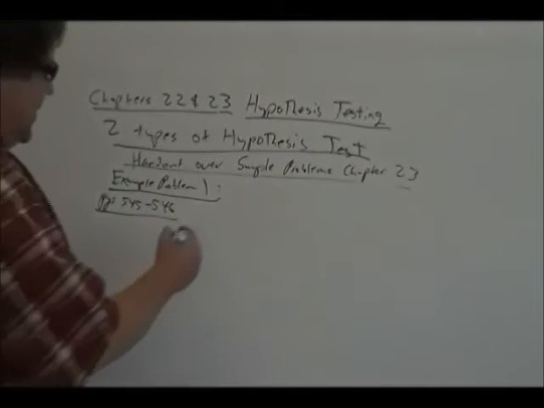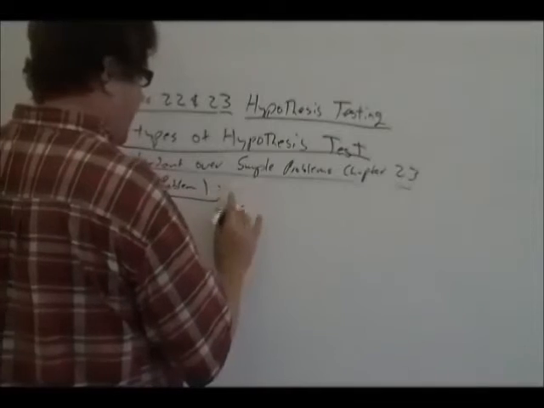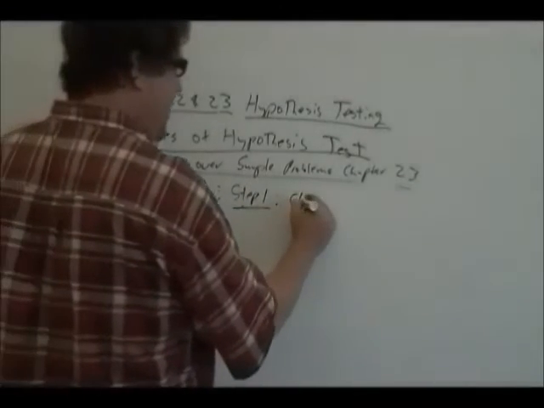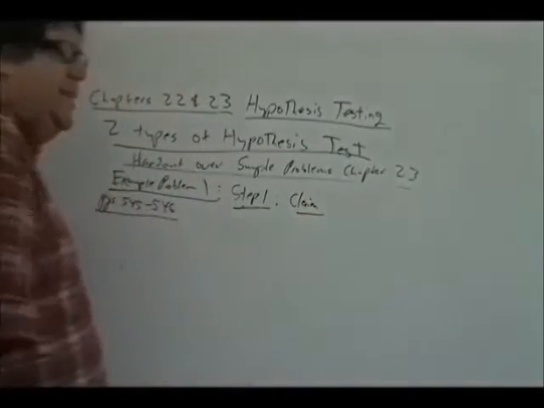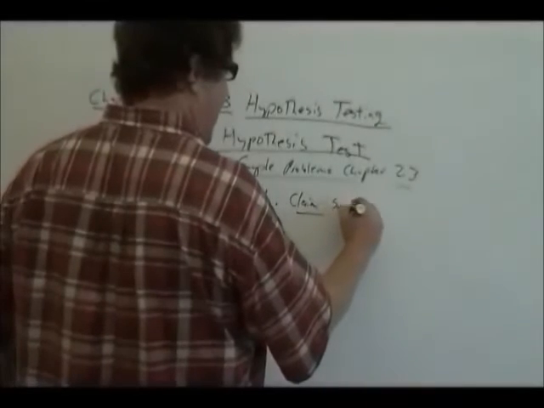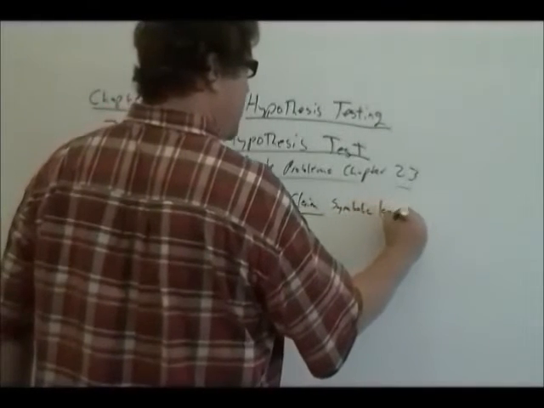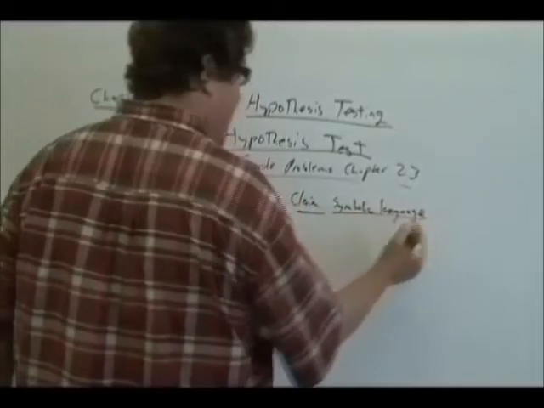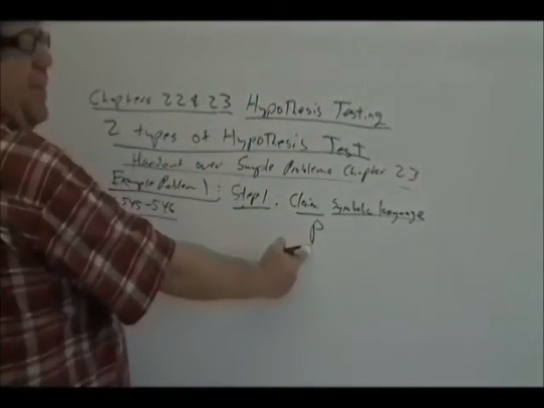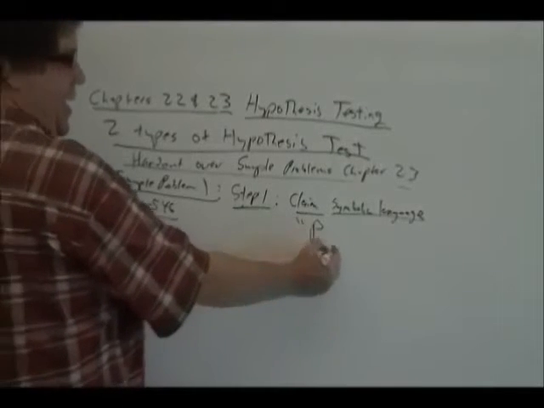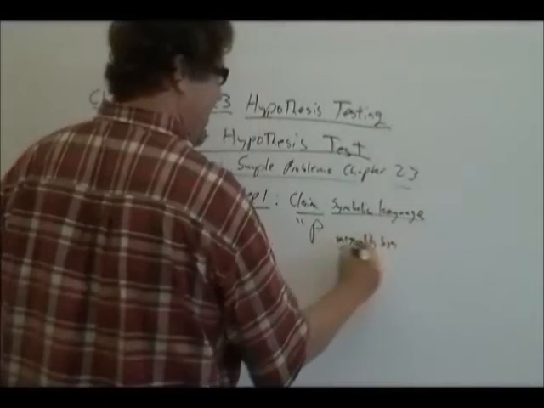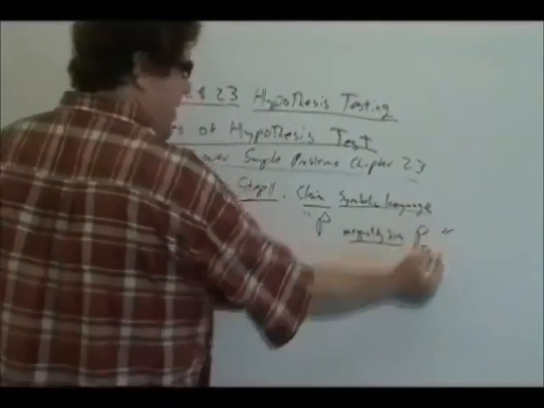The way you want to write the claim is, I'm going to put step 1, but the first part of step 1 is writing the claim in symbolic language. If you're testing a claim about a population percentage, in symbolic language you have to translate the verbal information about the claim into the form P, inequality sign, P0.